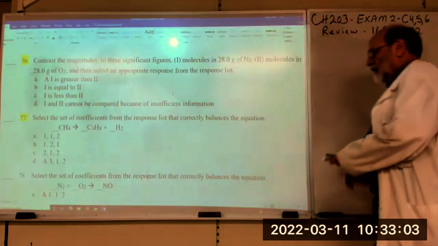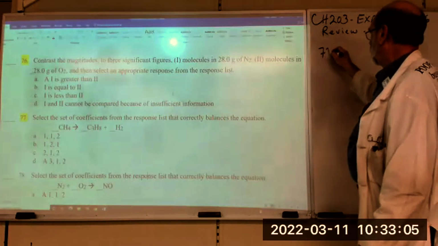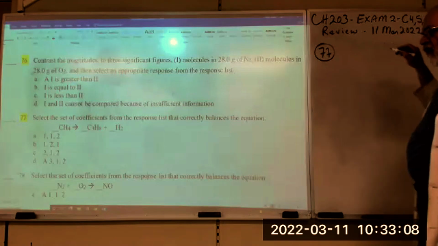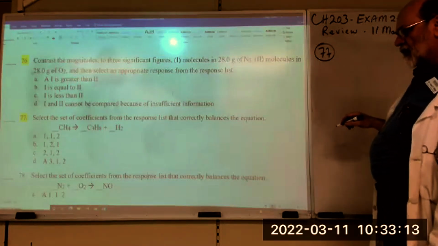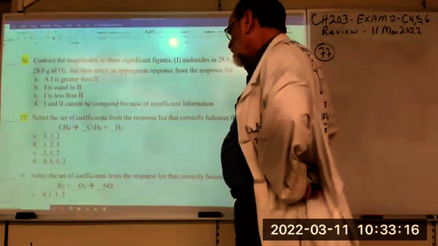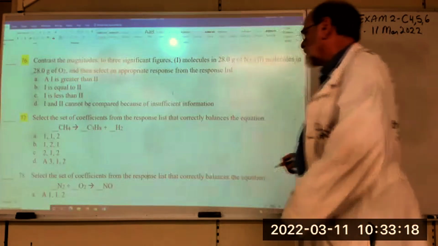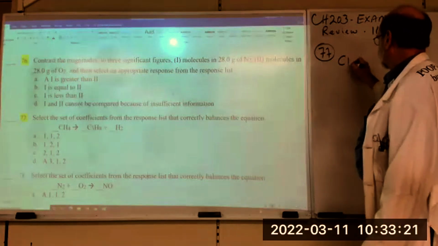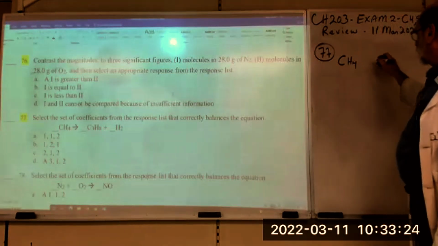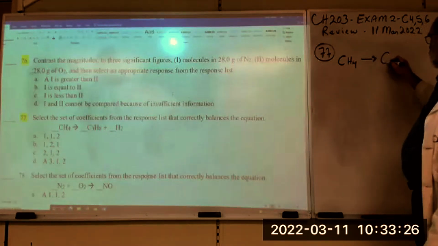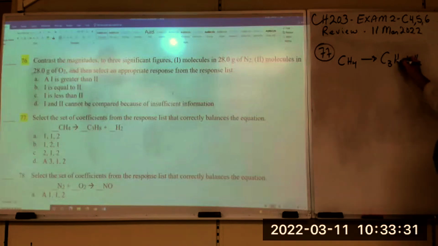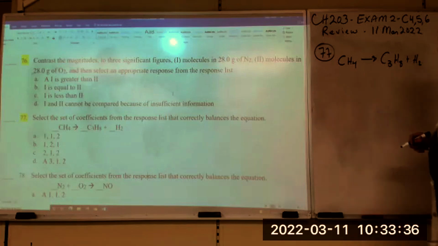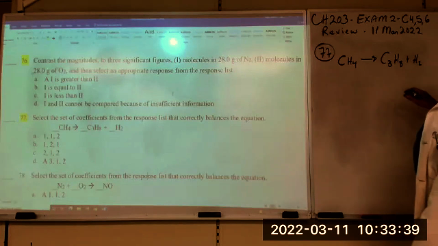77. Select the set of coefficients from the response list that correctly balances this equation. So methane is going to give us propane plus hydrogen. It's probably how they make propane. Okay, so coefficients.